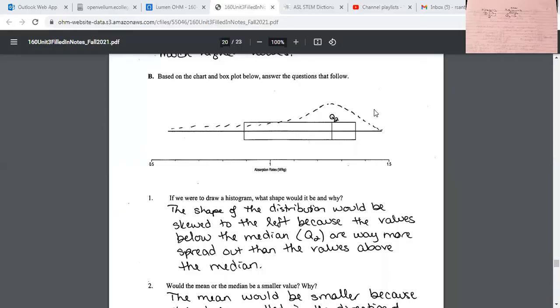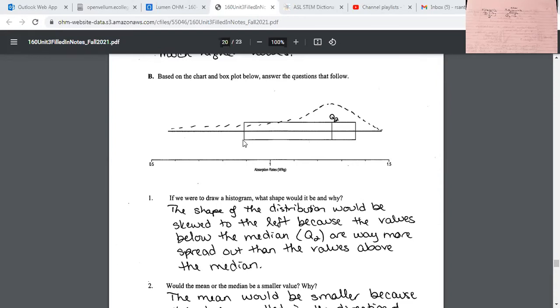Remember how to read a box plot? Your box plot will always show you your lowest value, your first, your second, your third quartiles, and your highest value. Always, always, always. So just to make sure that we are okay, I'm going to share with you just one image here. Here's your box plot. Your lower value right here at this end, that's your L, that's your lowest value.